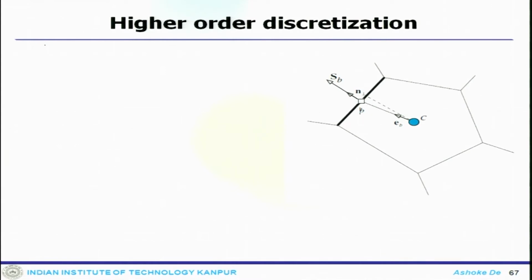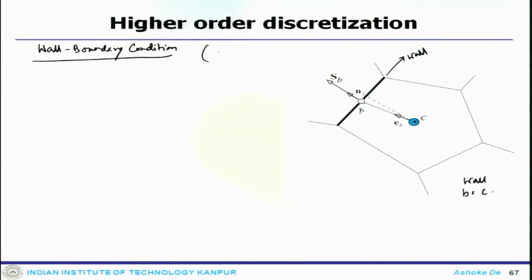The wall boundary condition is essentially at the solid wall. Typically in a fluid flow problem, it is a no slip wall, and this is the surface which is the wall. Again, this is the cell C, the interior cell, and this is the wall.